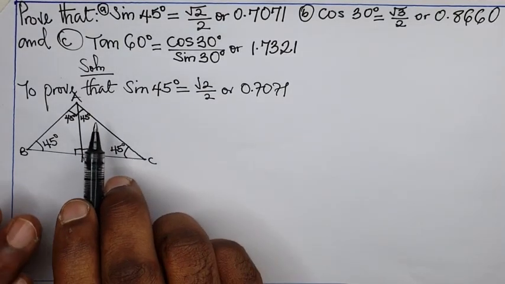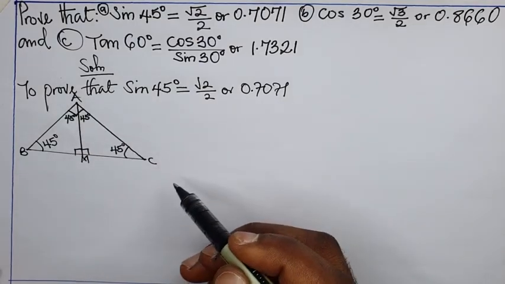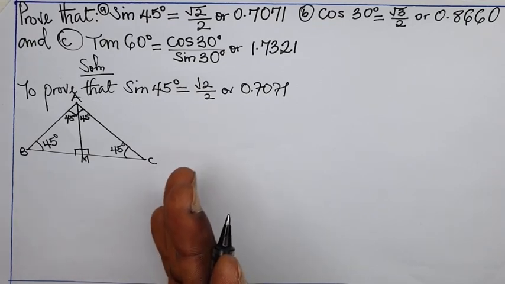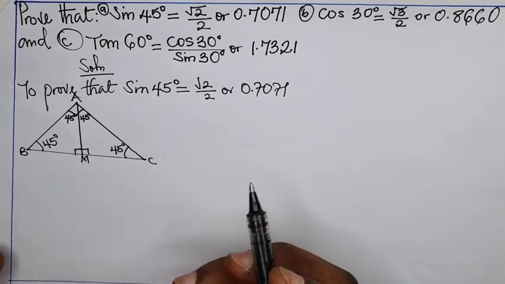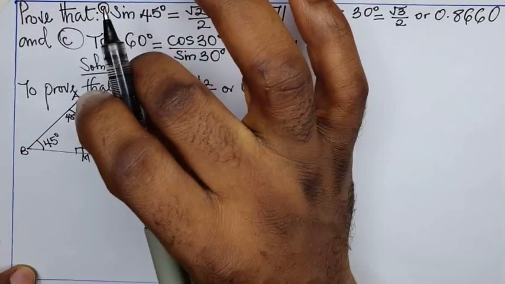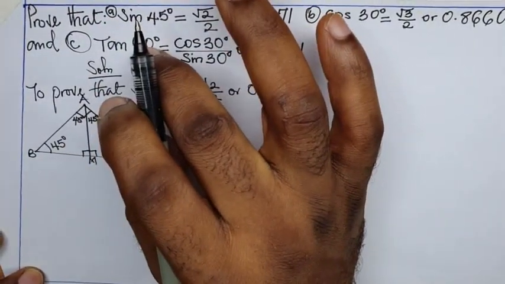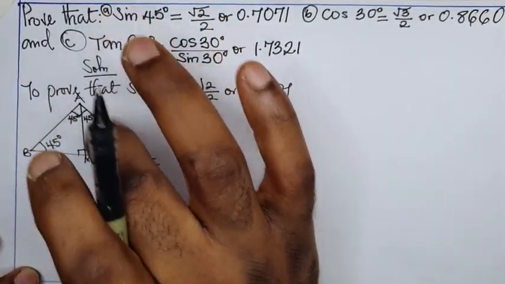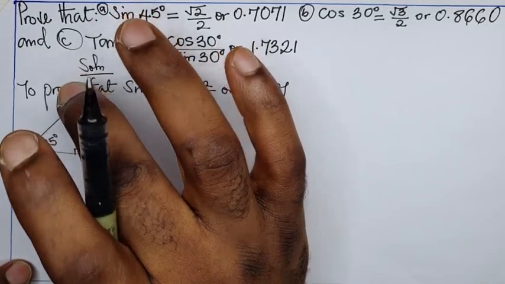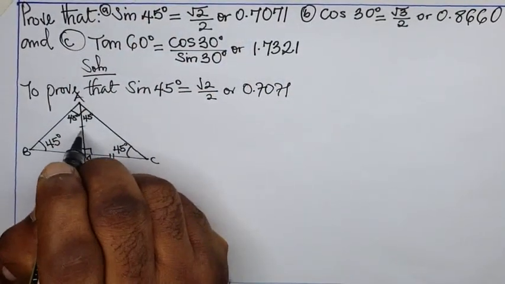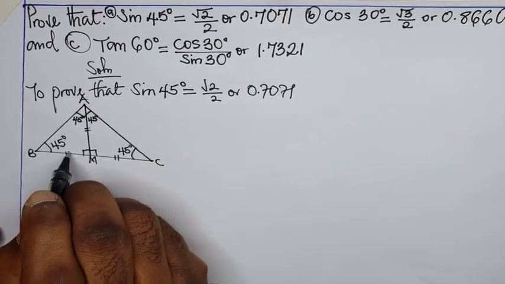Now a good look at the triangle AMC or AMB shows you another kind of isosceles triangle that has, let's use AC now as the base. So the base of the isosceles triangle is shown by line AC. What this implies is that AM is equal to MC, which is also equal to BM.